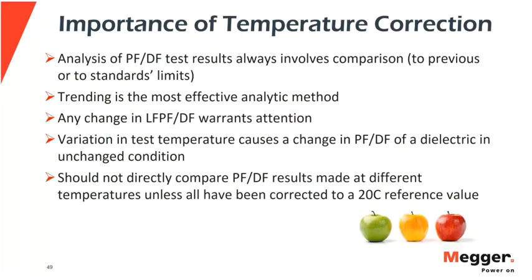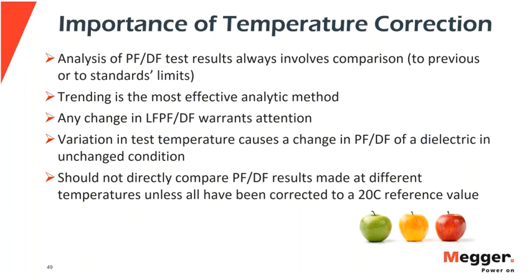We've already talked about the importance of temperature correction. We discussed the fact that the analysis of power factor always involves comparison, and that trending is the most effective analytic method because small changes can indicate something really bad happening, so any change in your line frequency power factor warrants attention.